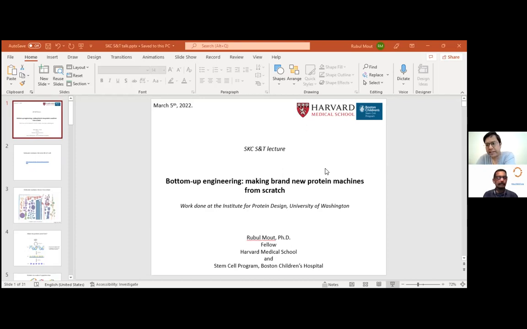Yesterday night, when I was making my slides, I thought I was trying to cover too much, and they're just two different worlds. From my experience, the folks in protein design probably would not understand anything on the cell engineering side, and vice versa. It's basically trying to bridge two different worlds.